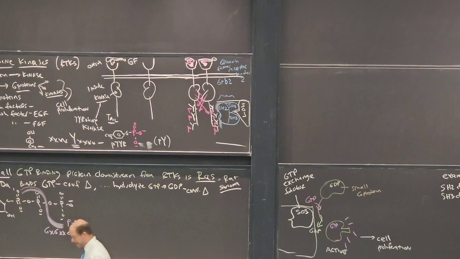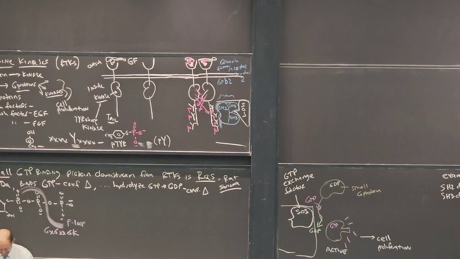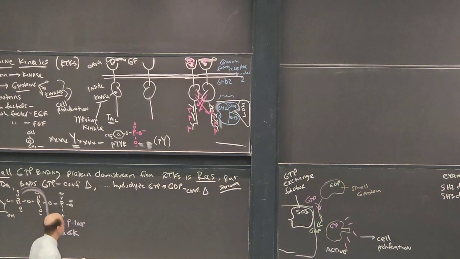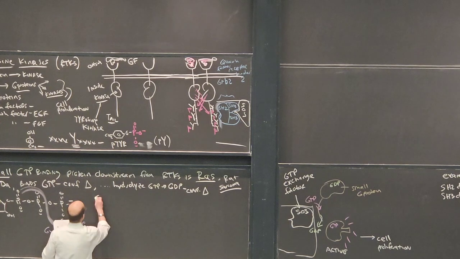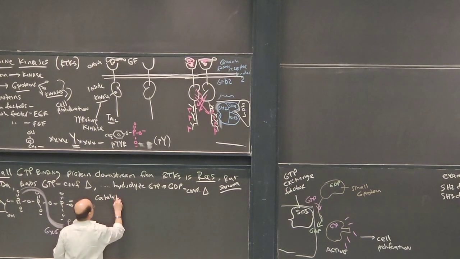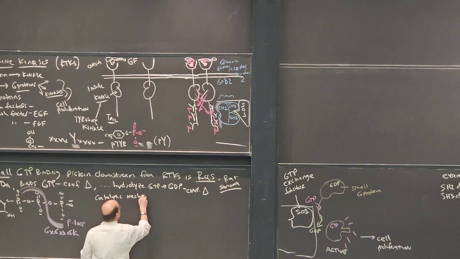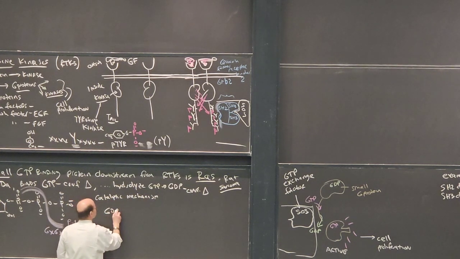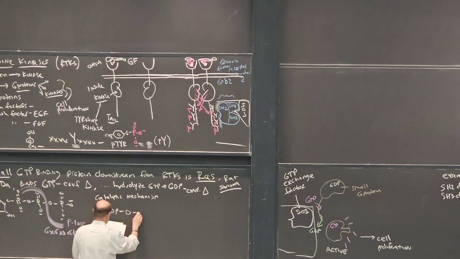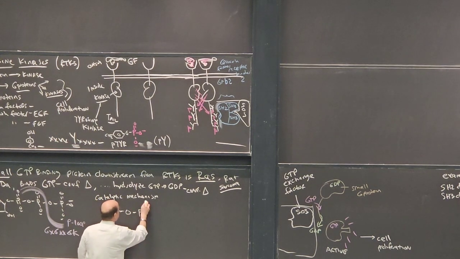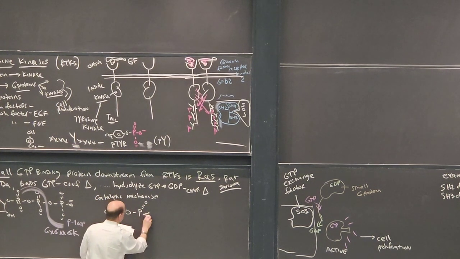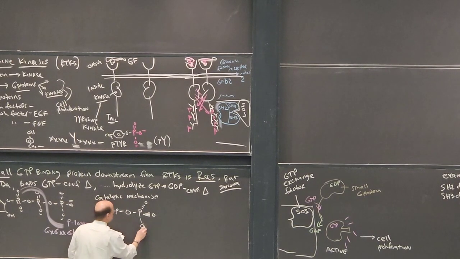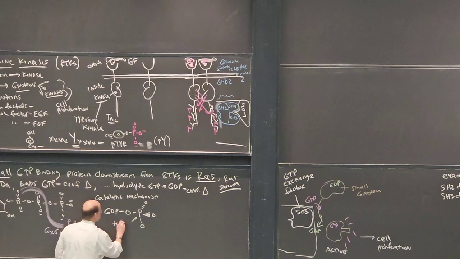Let's talk a little bit about the catalytic mechanism. So you can imagine what the catalytic mechanism is. I start out with GDP, O, P. And that phosphate starts out in a tetrahedral state.